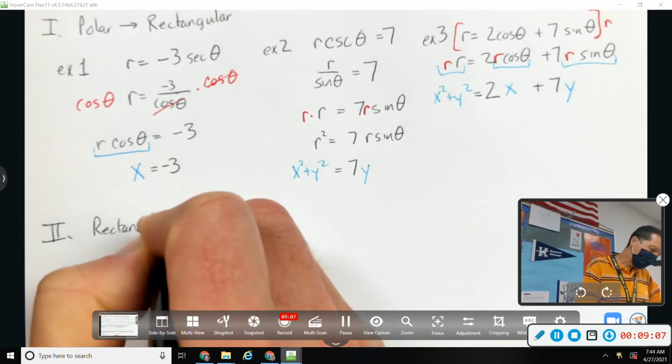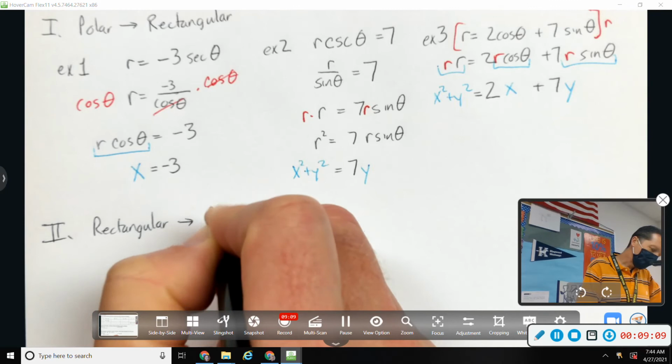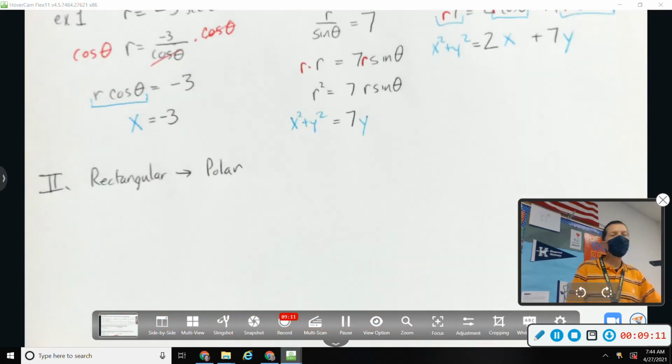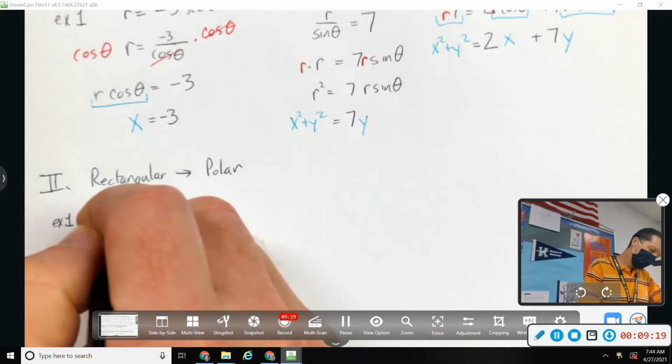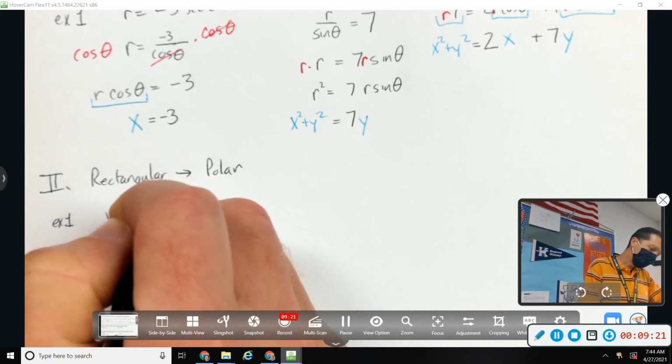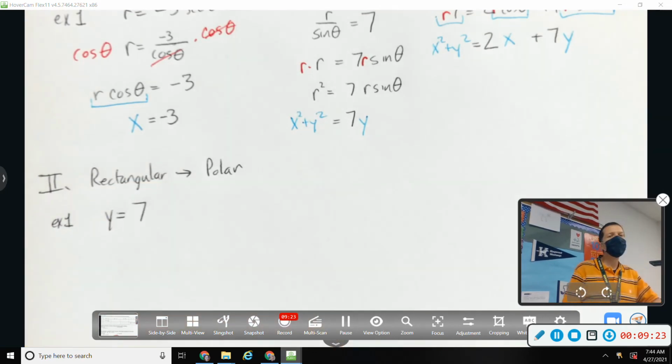Let's do a few rectangular to polar. So we'll start out with x's and y's, and we want to land with r's and thetas. Now, most of these are easier. Most of them.